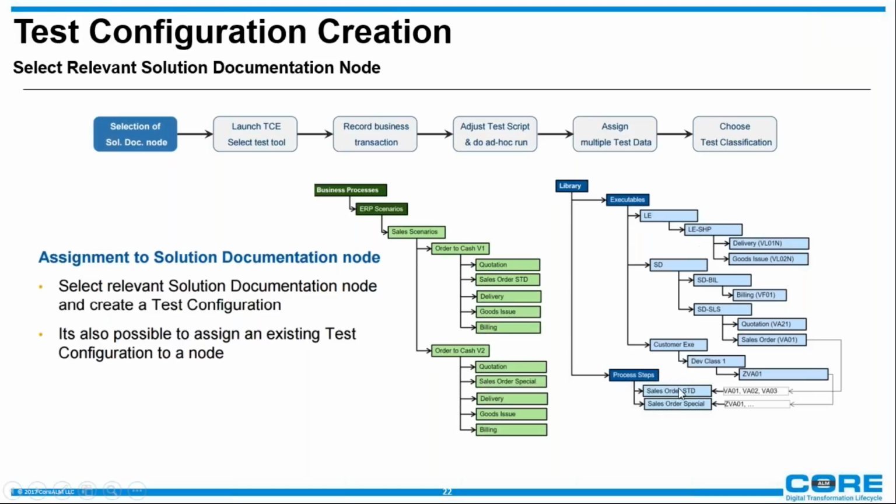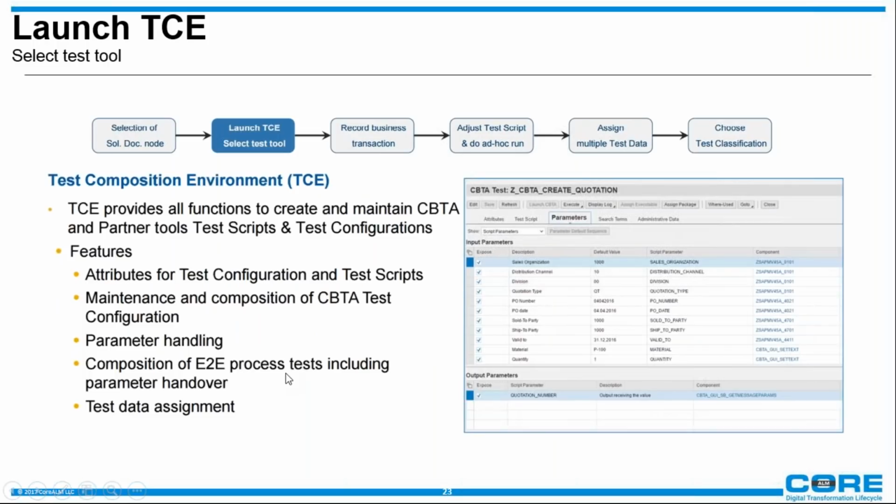Here are executables, for example VF01, VA21, and ZVA01, and then process steps. From the libraries, you can build business processes and end-to-end scenarios. And that's the part where a test configuration would be assigned, or if it's a manual test case, it would be a manual test case.